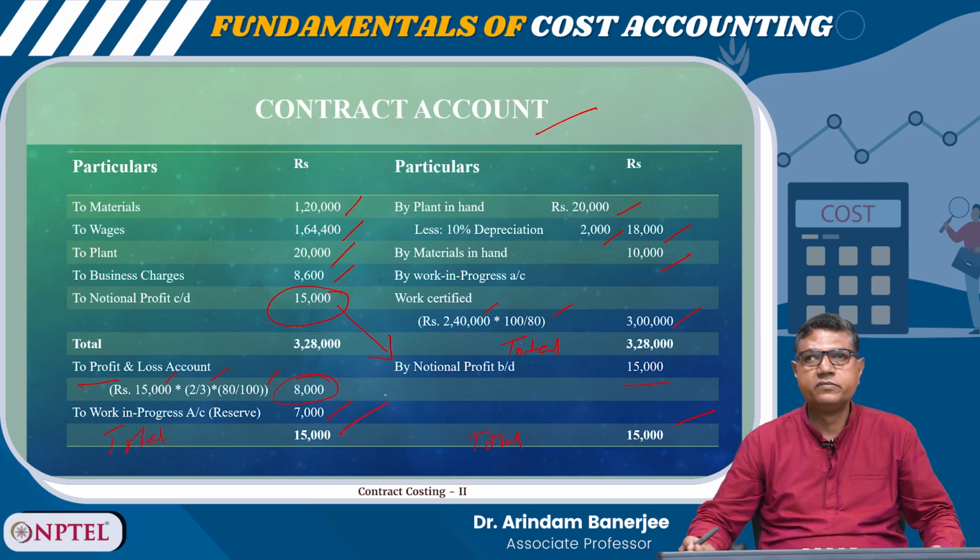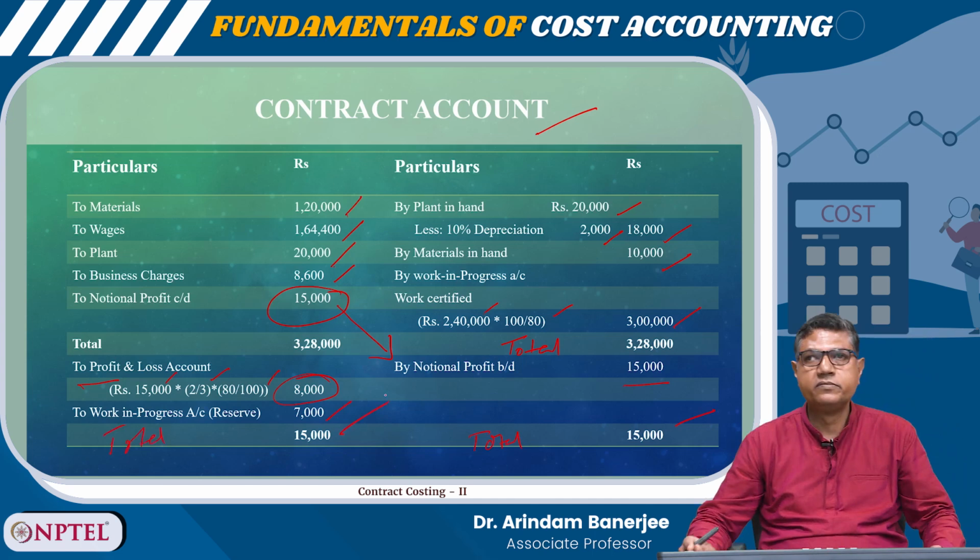Putting in the values, estimated total profit is 40,000 into cost of work to date 1,92,000 divided by estimated total cost 2,40,000, which we calculated earlier. If I calculate, I get rupees 32,000, which can be transferred to the profit and loss account. So, this was the third method.